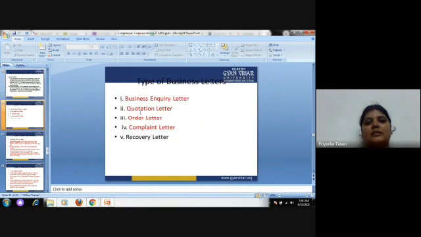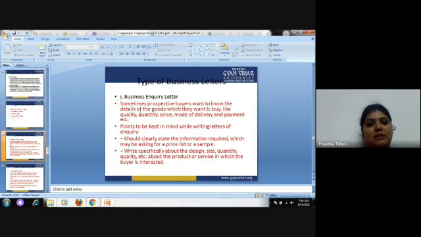Types of business letters: the inquiry letter, quotation letter, order letter, complaint letter, and recovery letter. First, the business inquiry letter. Sometimes prospective buyers want to know the details of the goods they want to buy, like quality, quantity, price, mode of delivery, and payment.